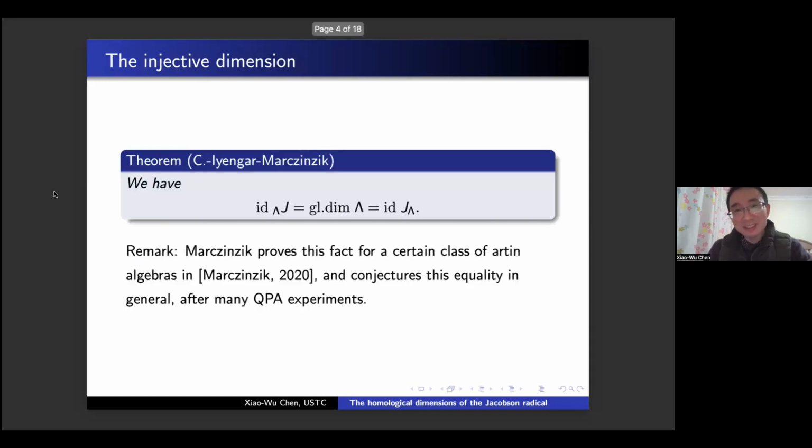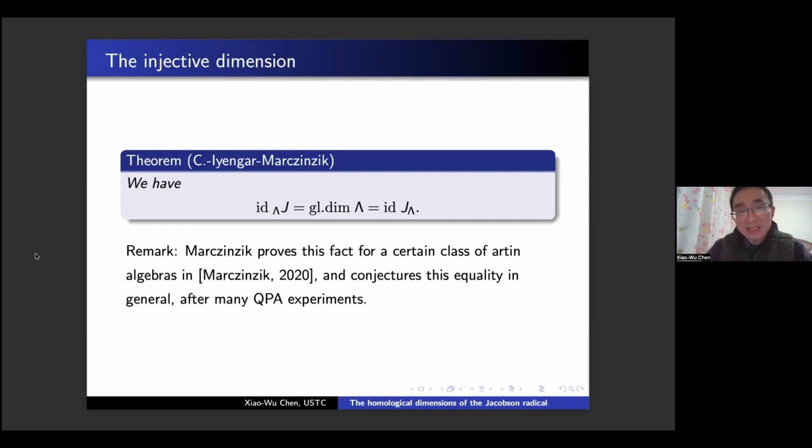Please, next page. The central result I would like to report in this talk is joint work with Srikanth Iyengar and René Marczinzik. We consider the injective dimension instead of the projective dimension, and in this case we have a very neat formula: the global dimension of lambda equals the injective dimension on each side of J. In comparison with the projective side, where we have a minus sign and a max, here everything is quite neat.